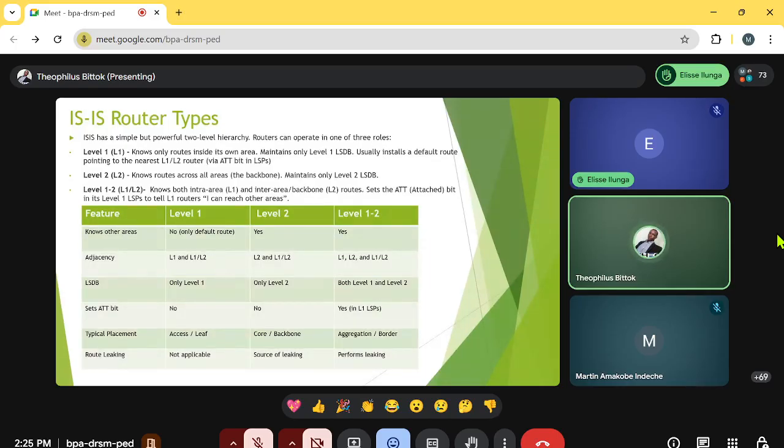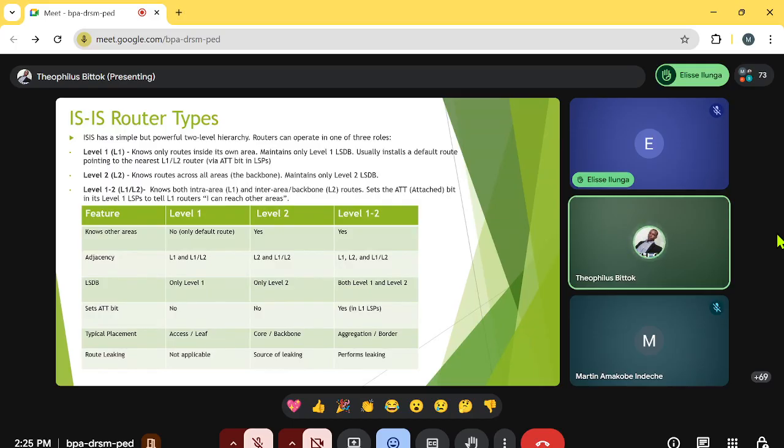Level 1 routers are usually used on the access layer, whereby that router just knows the routes for its own area, and it maintains one link state database. Then the level 2 router is like your core router.